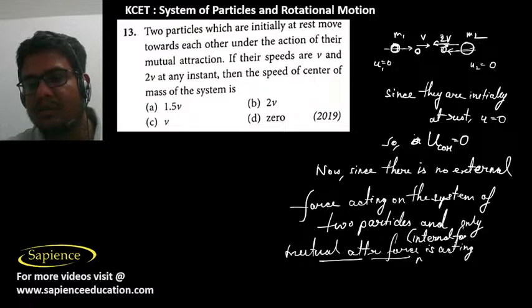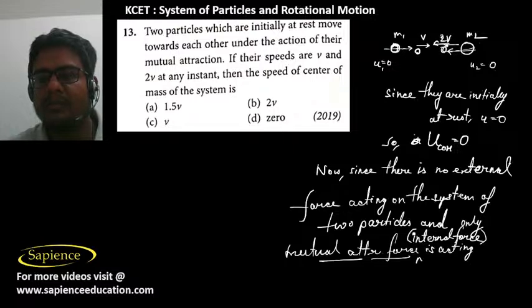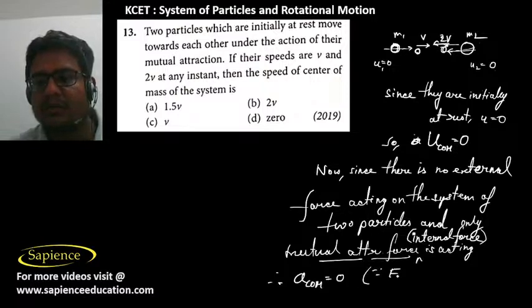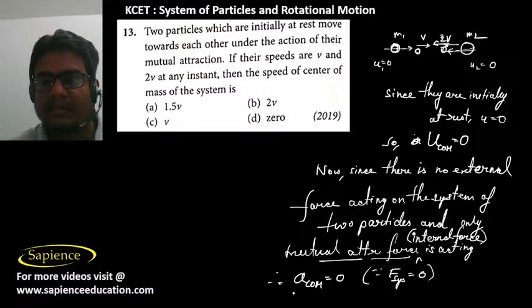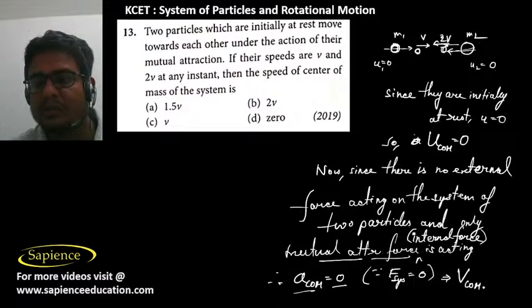So the internal force will not cause any acceleration of the center of mass. Therefore the acceleration of the center of mass should be 0, since the net force on the system is equal to 0. Since the acceleration of the center of mass is 0, the velocity of the center of mass will remain constant and will not change.